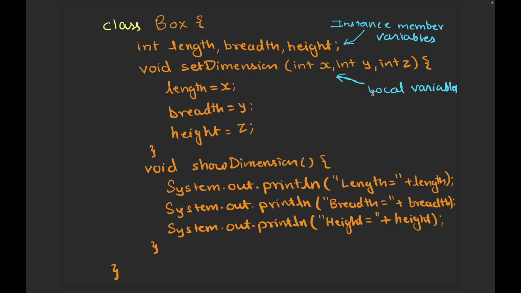The setDimension method takes three parameters, x, y and z. These x, y, z are all local variables because they are used only in this particular block in the method. And I create another method, showDimension, whose job is to print all the values of length, breadth and height.